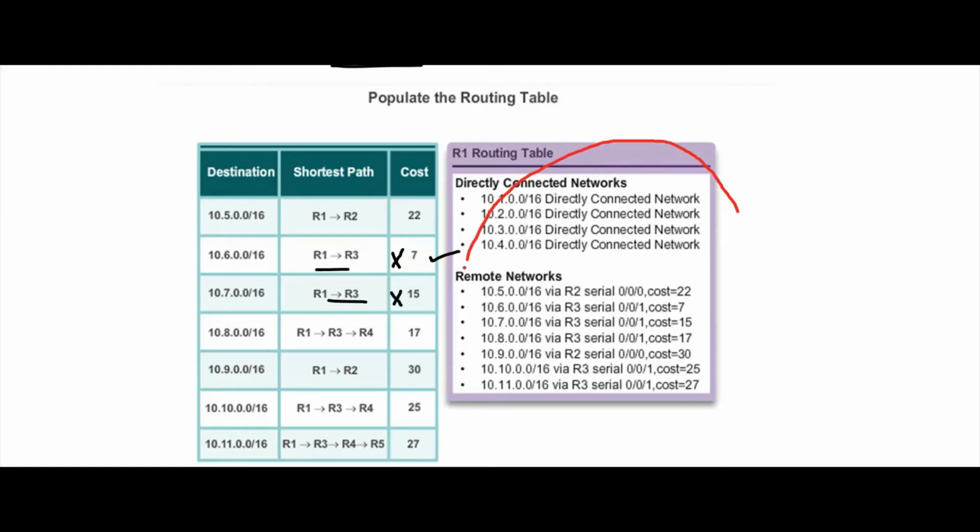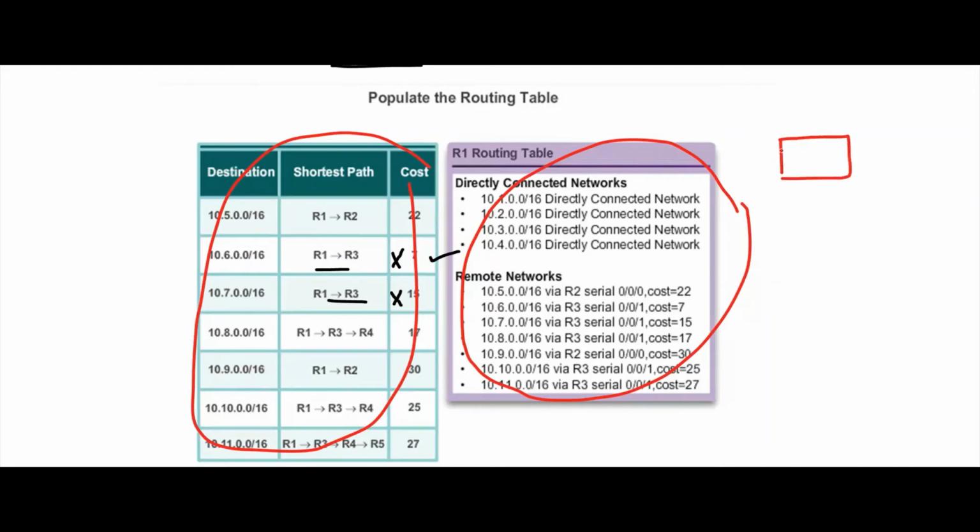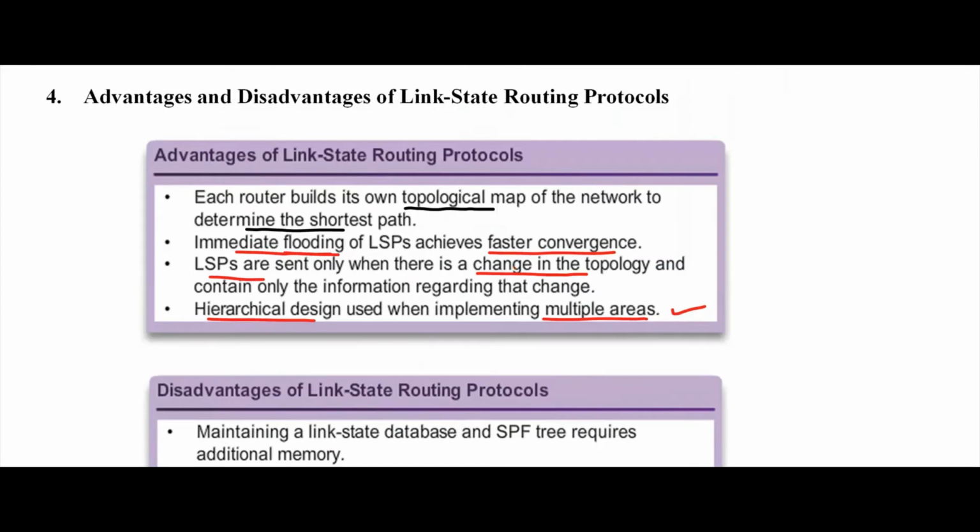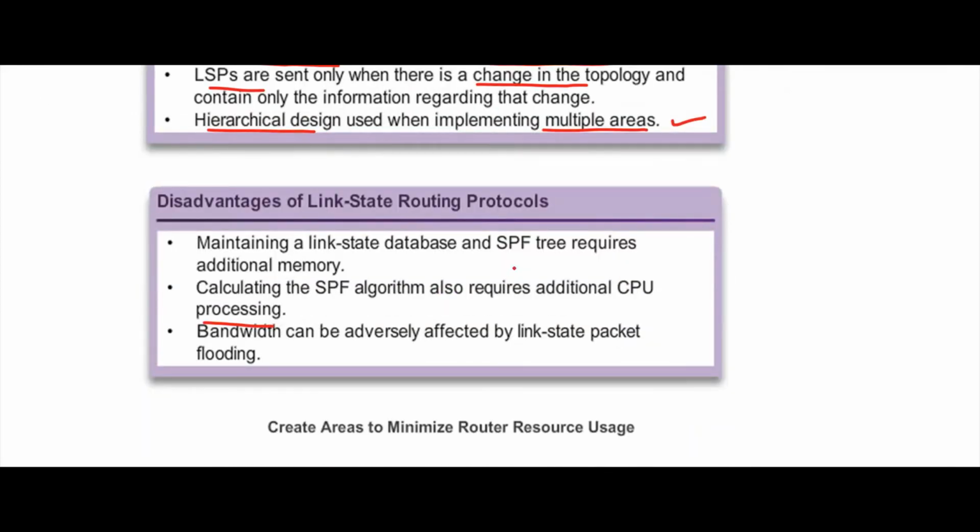I need memory to save the routing table and the SPF tree, plus I'm collecting all the link state packets I receive from others, which needs more memory as well. So link state routing protocols consume more bandwidth, need more memory, and need more CPU processing.